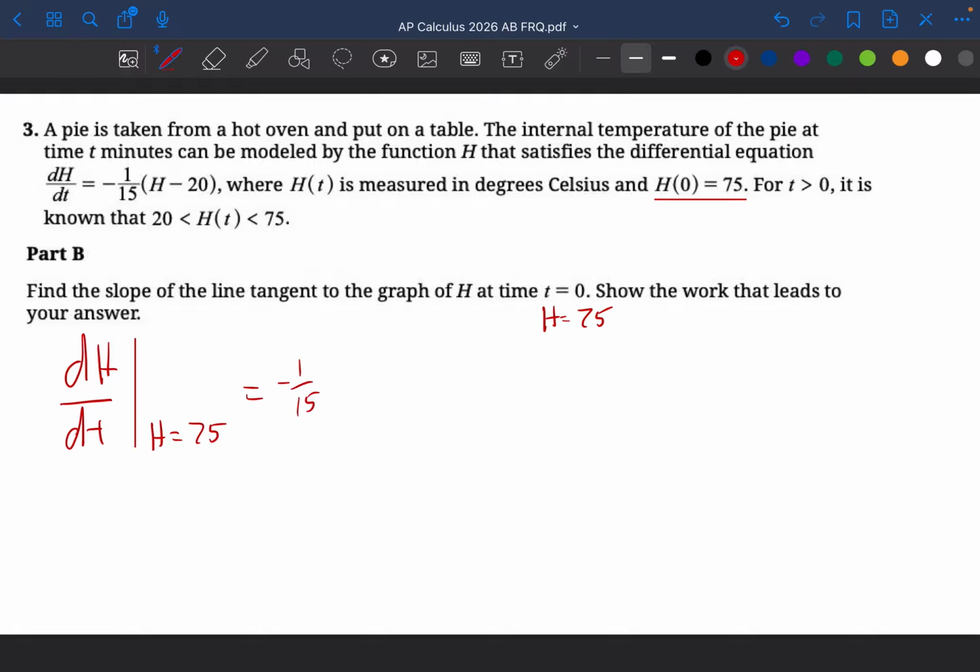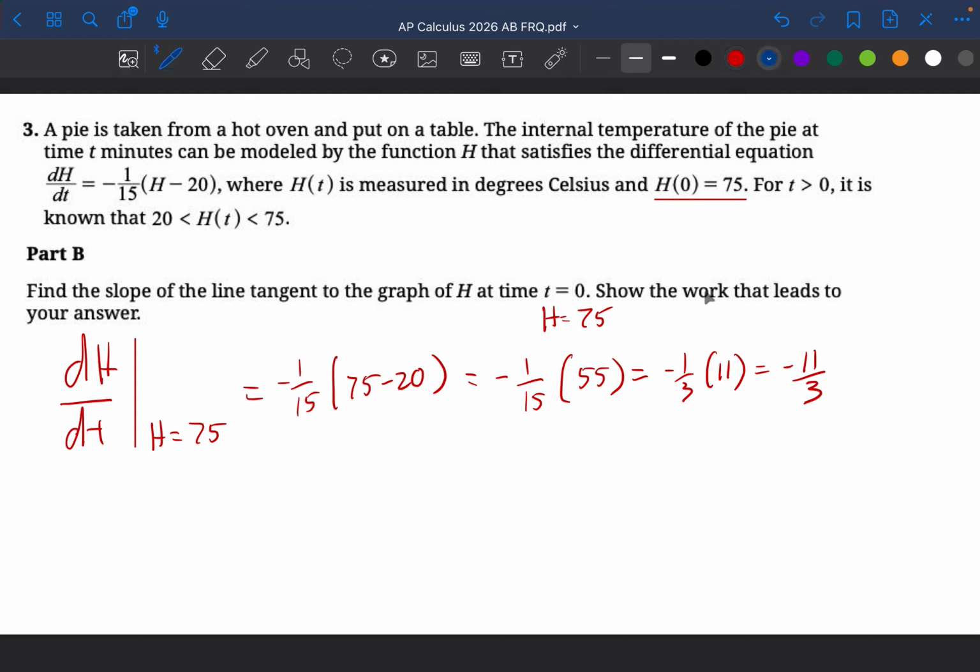So when we plug in 75, we get -1/15 times 55. Now if we cancel out a 5, that's 1/3 times 11. So that gives us -11/3 for our slope.